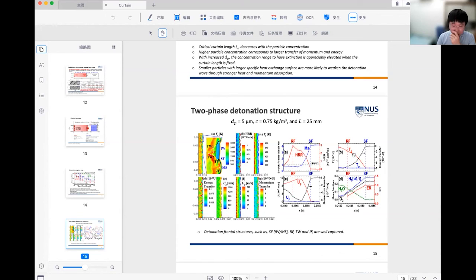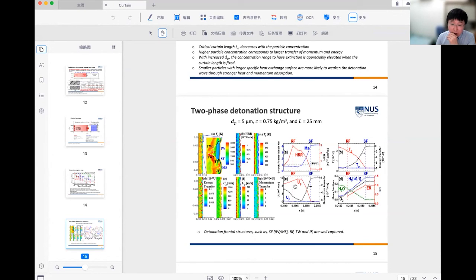Figure B shows the temperature field. We found that the gas temperature is significantly increased behind the shock front. However, a slight increase is observed for the particle temperature. Their energy transfer is also significantly increased behind the shock front.